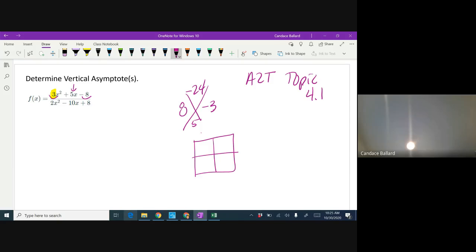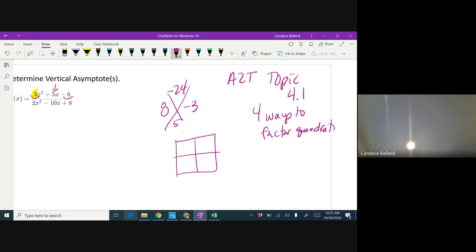If you search "4 ways to factor a quadratic," there's a gentleman that shows you 4 different ways to factor a quadratic equation, so you're welcome to use any of his methods. I use the box, but that one's on YouTube too. You just have to be able to get it factored.